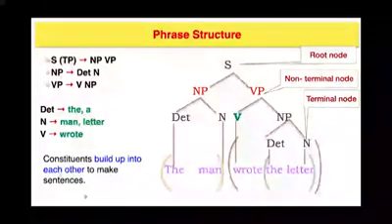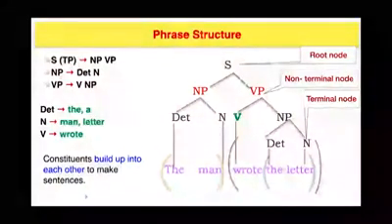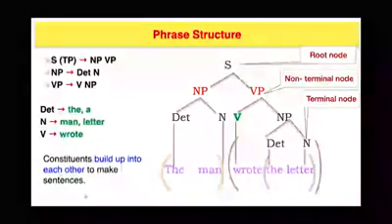Now, if you look at this example of a tree, we have a sentence, okay? And usually the sentence, the S, sometimes in some references, as I said, is referred to as TP, tense phrase. The sentence is called or labeled the root node.